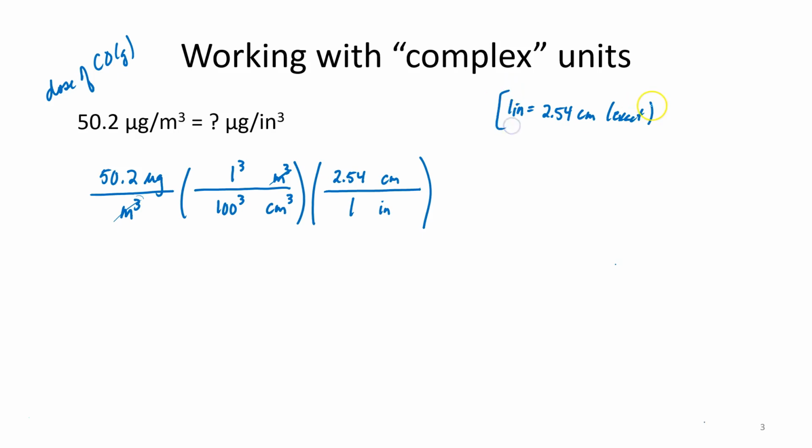That's just this relationship here. 1 inch contains 2.54 centimeters, but we don't have centimeters, we've got cubic centimeters. So I'm going to cube the unit and the number upstairs, and I'm going to cube the unit and the number downstairs, and I think that takes care of cubic centimeters. So we've gotten the desired units, micrograms per cubic inch. Let's do the arithmetic, and again, don't forget to cube these quantities here.